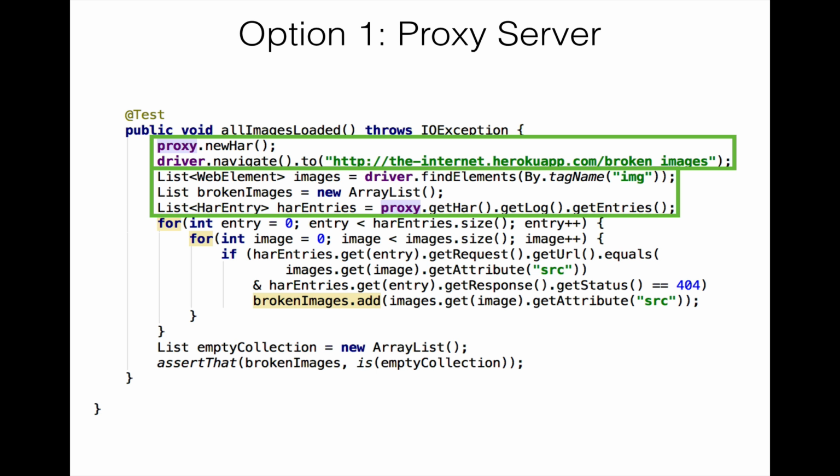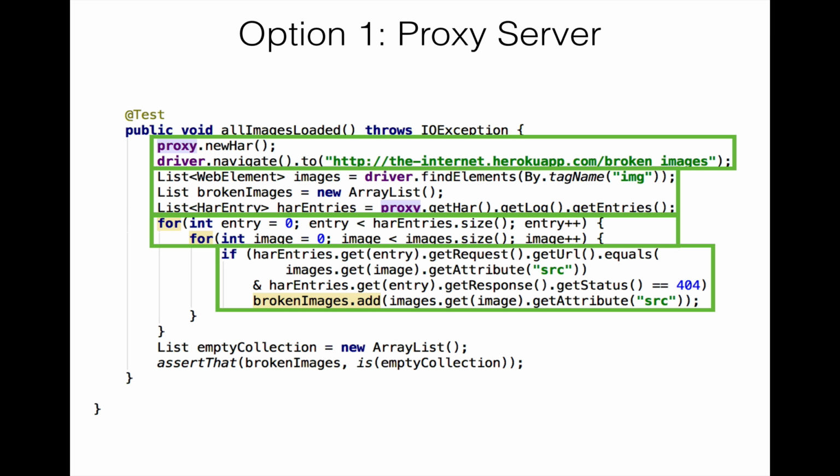We look up all of the images on the page, store them in a collection, and then we create a collection for broken images that we will use to store any broken images that we find. And then we get all the entries from assets loaded on the page. Then we loop through all the entries of all the actions, and when we're doing that, we also loop through all the images.